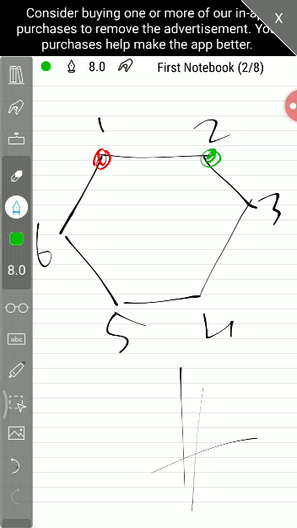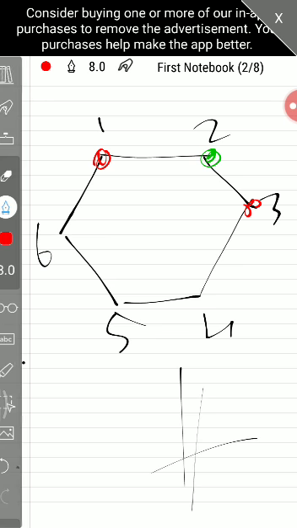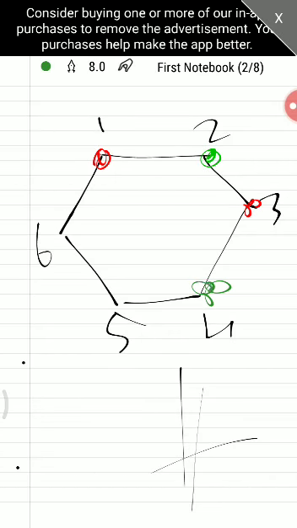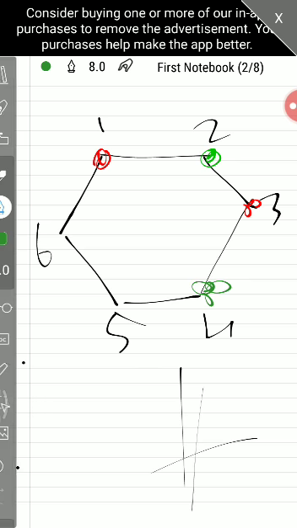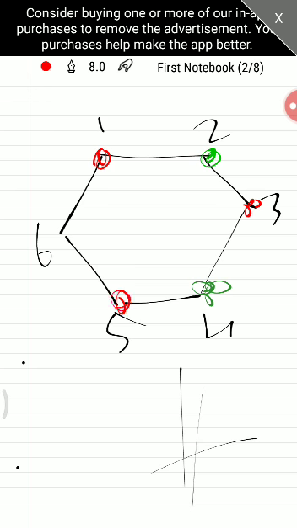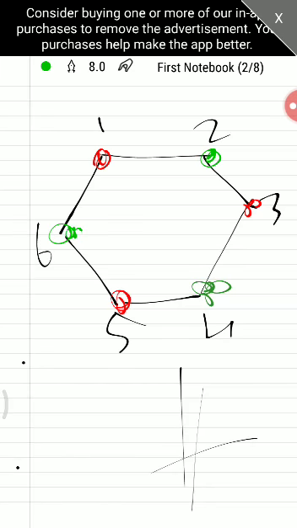So I should use the red color for the next one, and the green color for the next, and the red color for vertex 5, and the next color for vertex 6. You can see 1, 2 is an edge. Vertex 1 got one color and vertex 2 got a different color. So all the vertices can be colored with two colors. So this graph is bipartite.